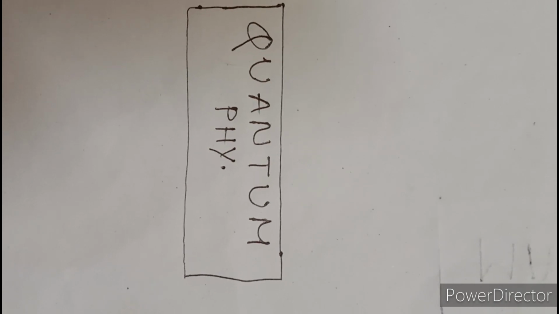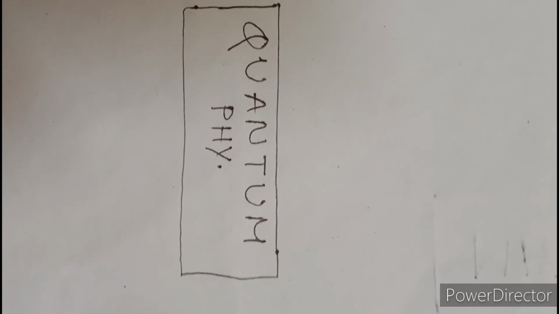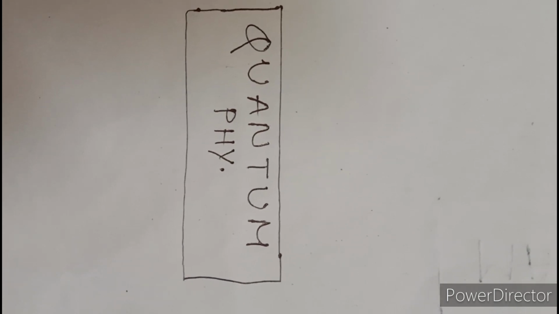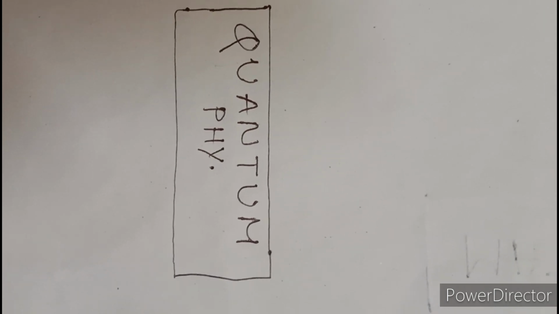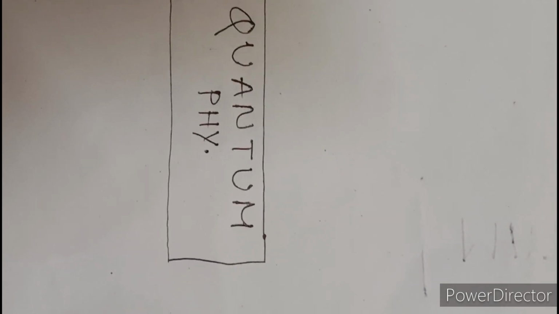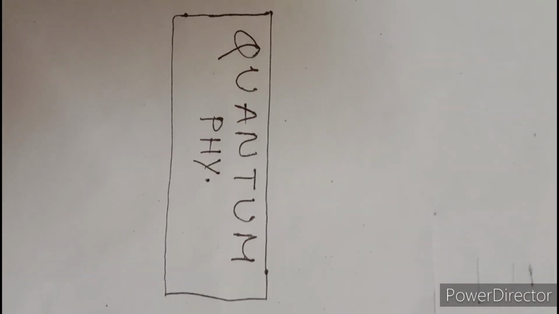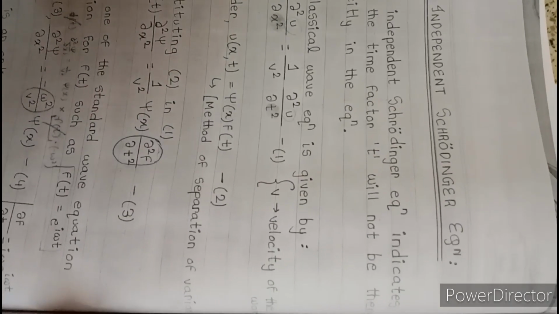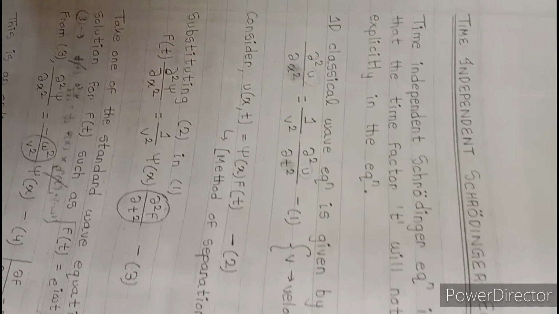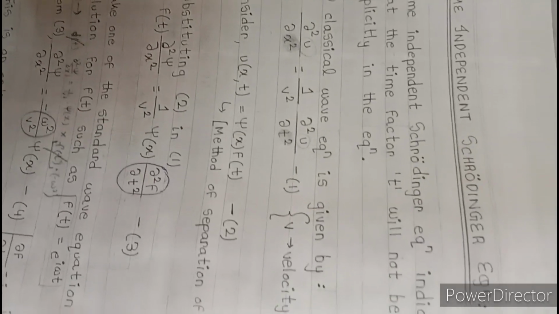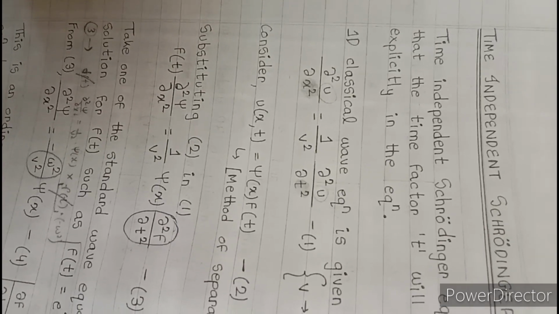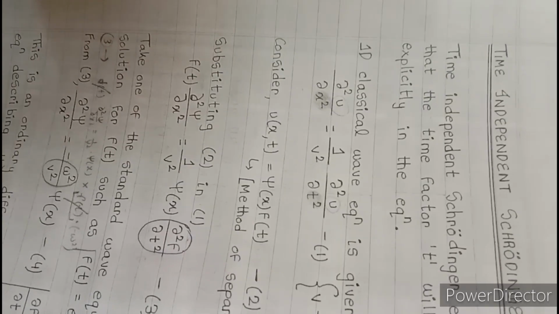In the previous video we discussed the time dependent Schrödinger equation, and today we will be discussing the time independent Schrödinger equation. Time independent Schrödinger equation indicates that the time factor t will not be there explicitly in this equation.